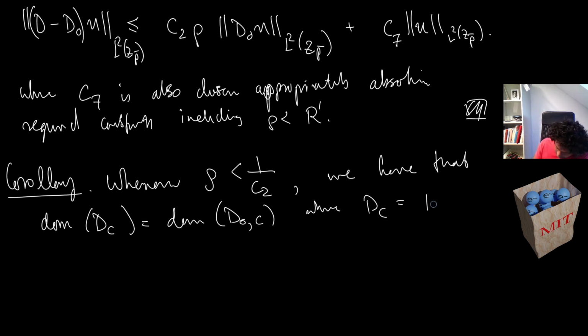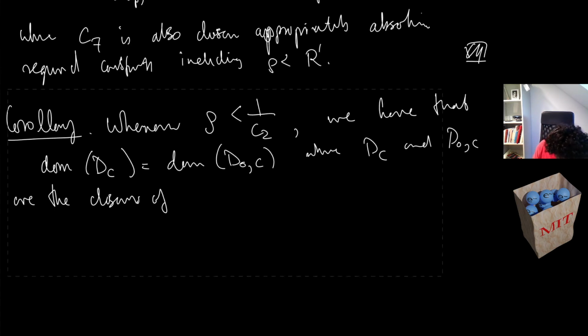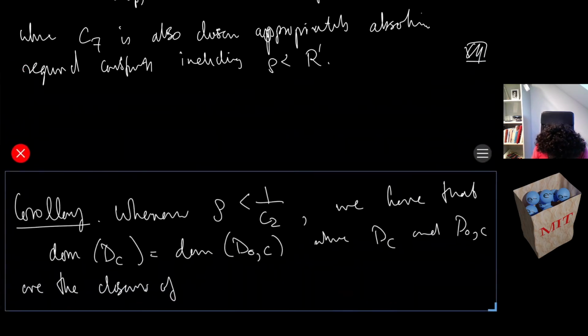So D_C and D_0,C are the closures of, so maybe I should really move that out of the corollary, right? So yes, let me be a little bit more precise. So let me just move this down and phrase this first.